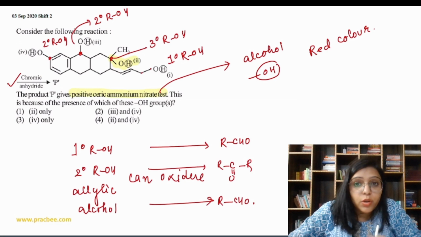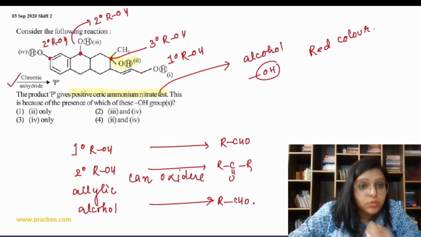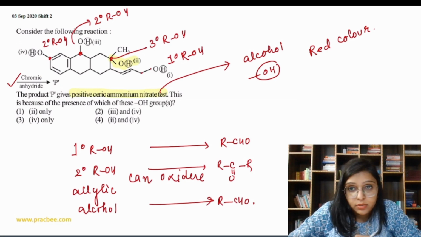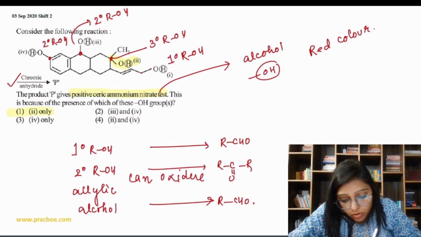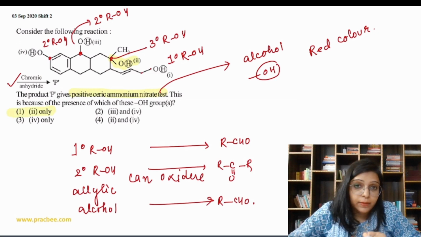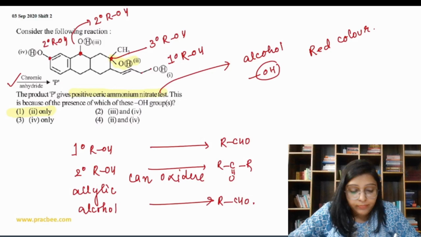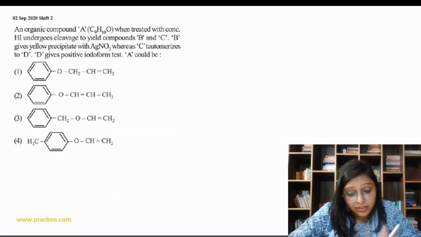So this is responsible for giving the positive ceric ammonium nitrate test. So option 1 is going to be the answer, only the second. Clear? That's it. There is no need to write everything.